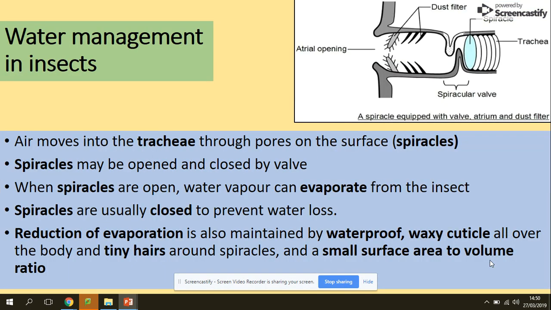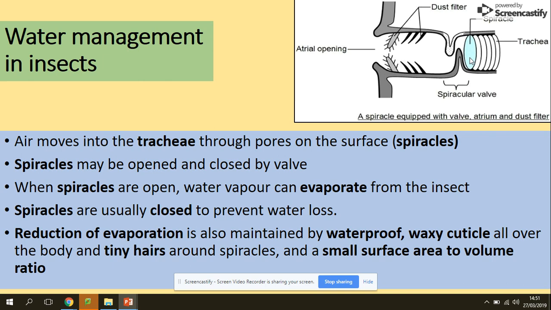Right, water management, how the water can be stored. Of course we mentioned the air can move in and out through the spiracles, but every time the spiracles open, they will lose water as well, so water will evaporate. So how can we limit the water loss? It's by closing spiracles, so we reduce the water loss through evaporation.